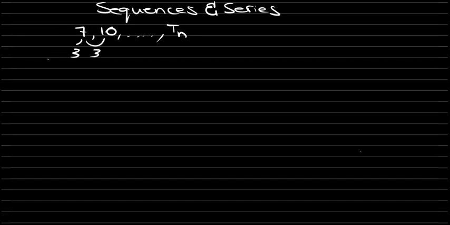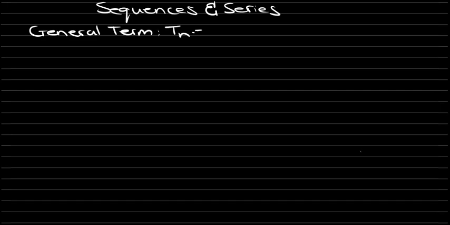So that is what an arithmetic sequence is, and there are a few characteristics about the arithmetic sequence that we need to remember, and these are things like the general term. The general term is an expression we can use to find any number in the sequence, and we call it Tn.